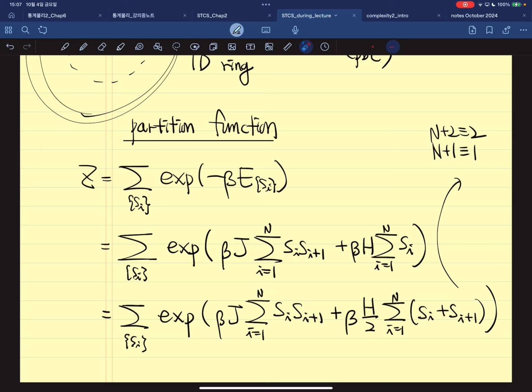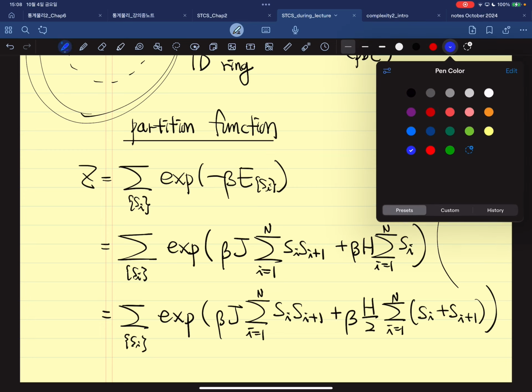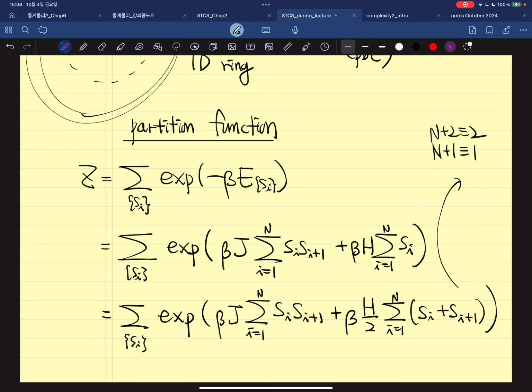So what I actually did is writing down this part as beta, sum over n, plus, basically this.